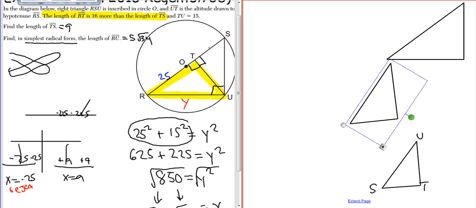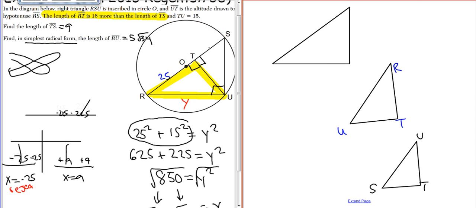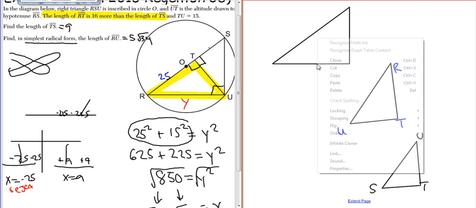And this is U, this is T, and this is R. Now for the big one, if I'm orienting it the same way as the little one, remember it's got to get flipped.